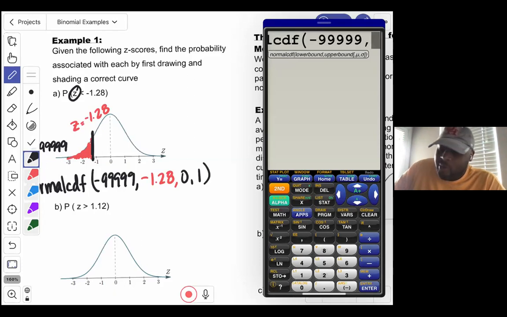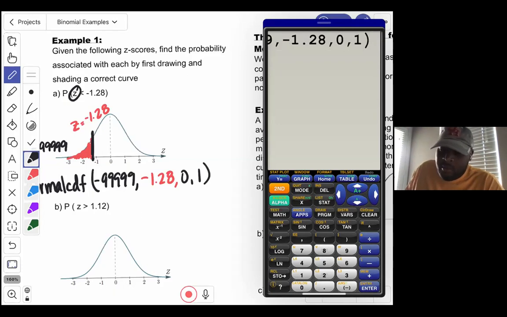You can put as many nines as you want, but I'd put at least 4. Depending on your mean, if your mean is 4 numbers, you need 5; if your mean is 5 numbers, you need 6; if your mean is 7 numbers, you need 8. So you always need one more 9 than whatever the mean is. So -99999, then -1.28 is the upper bound, the mean is 0, and the standard deviation is 1.